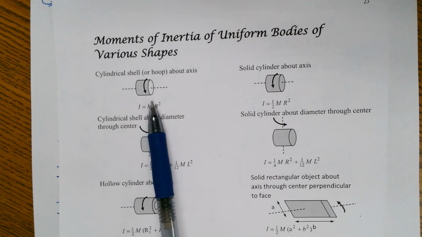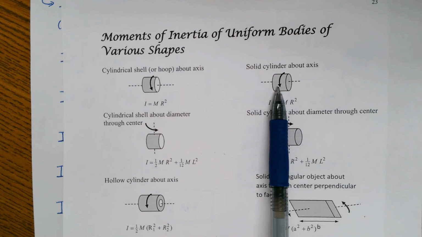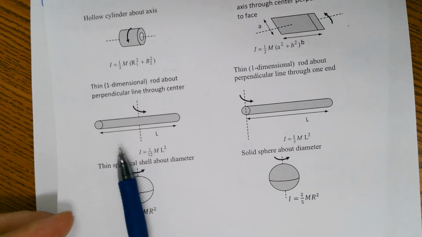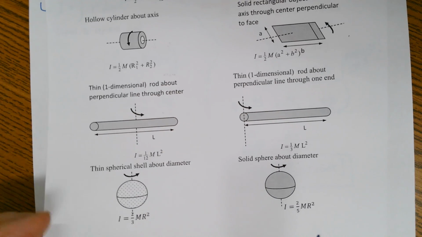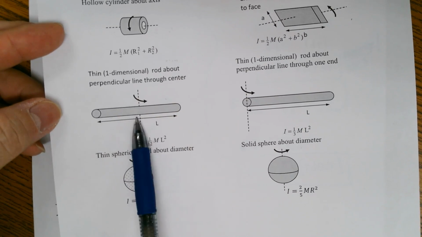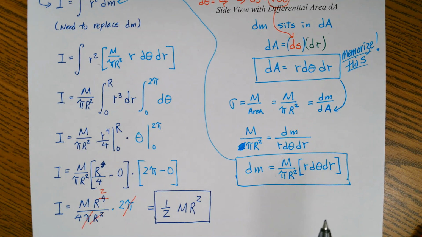This is hoop or just particle, or cylinder, where this is solid cylinder. Memorize these two and these two. So 6 total. It'd be a good idea to memorize just 6 of these.